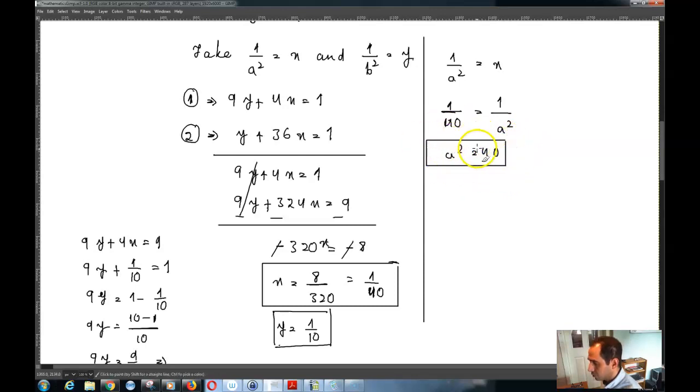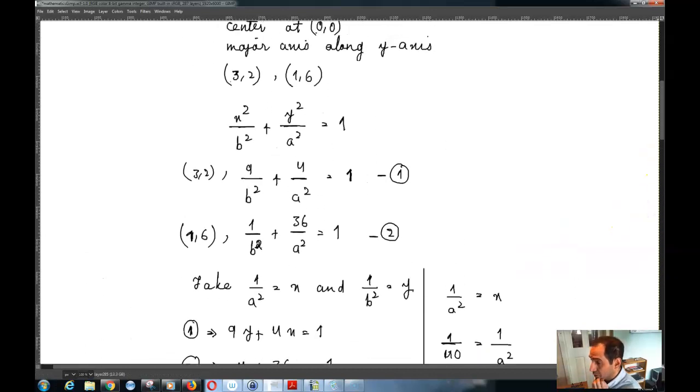I don't need to calculate a. And of course, 1 over b squared is equal to y, and y is equal to 1/10. So 1 over b squared is equal to 1/10. That means that b squared is equal to 10. And that is all that I need here. A squared is 40, b squared is 10.